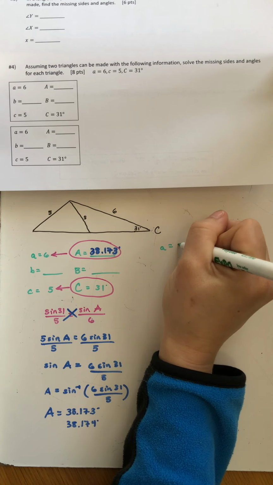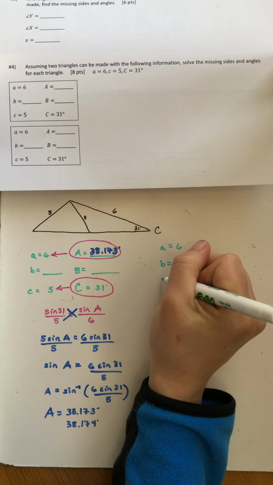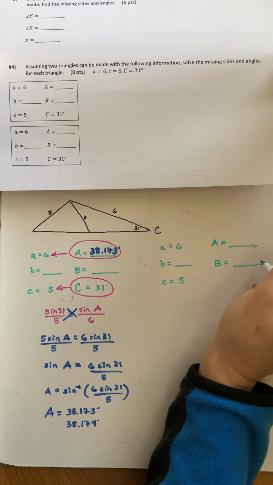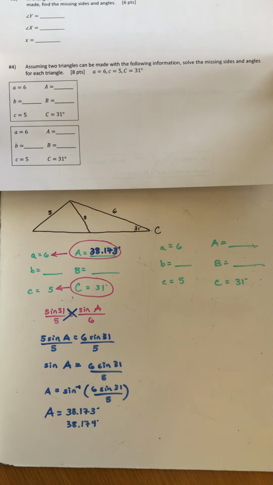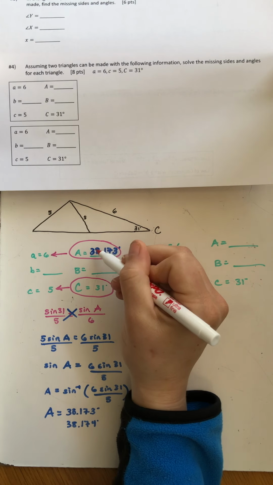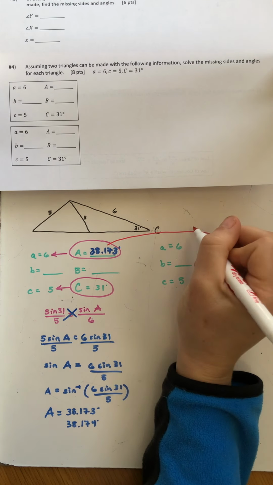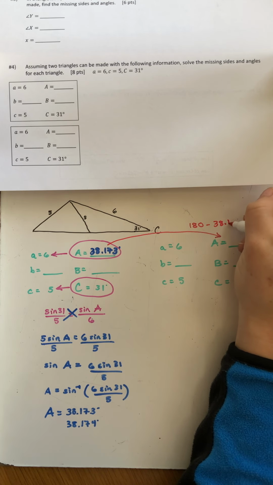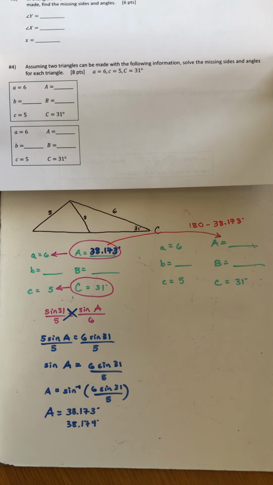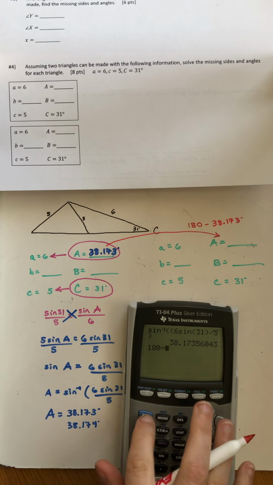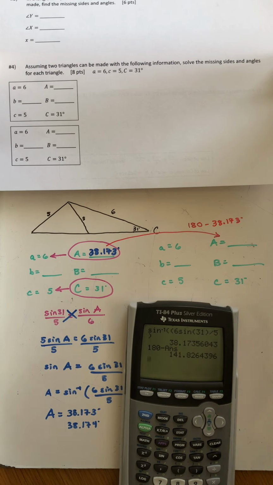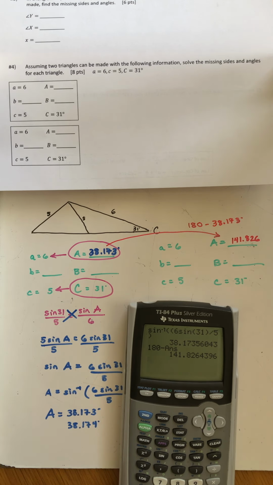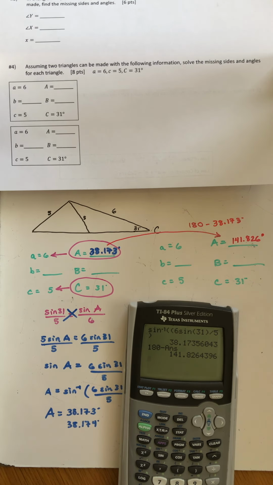So I have A equals 6. We are going to take what we got for the first angle A and subtract it from 180 degrees. So I get 141.826 degrees.